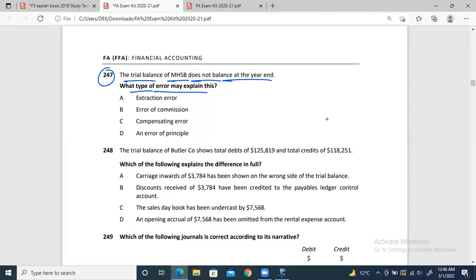Now, error of commission and error of principle, I'm ignoring them straight away because we have just studied that they are part of those in which the trial balance still balances. And I think the compensating error was also part of this. In all three of these, the trial balance still balances.